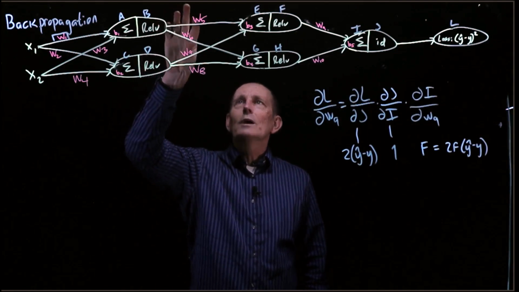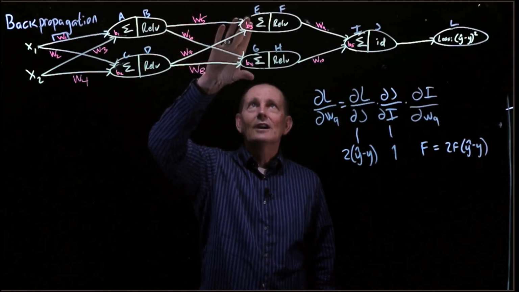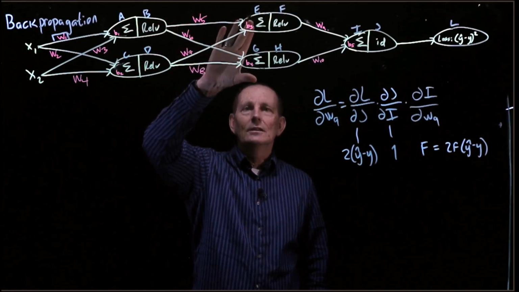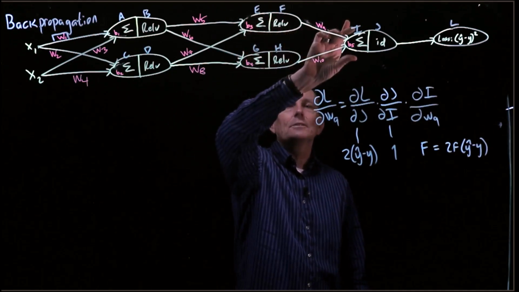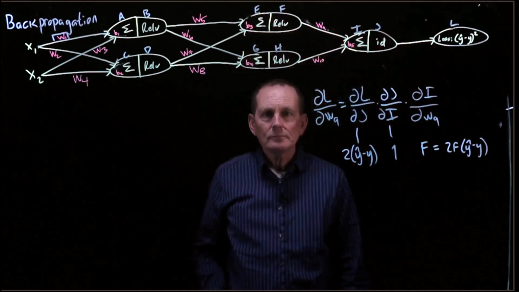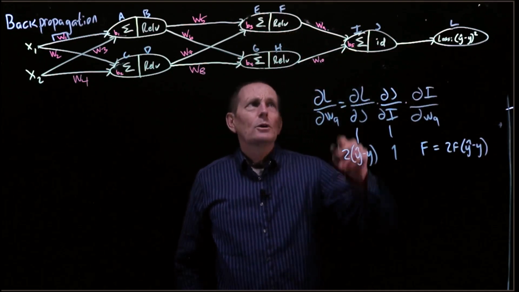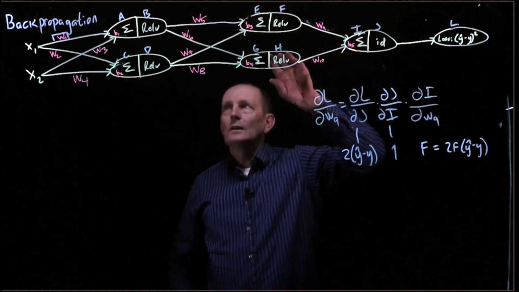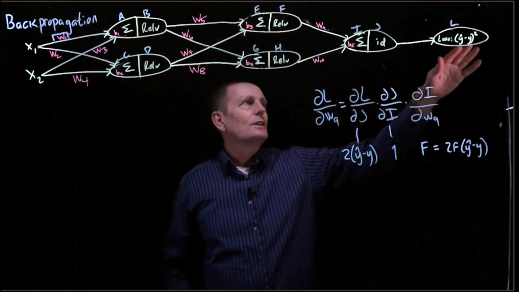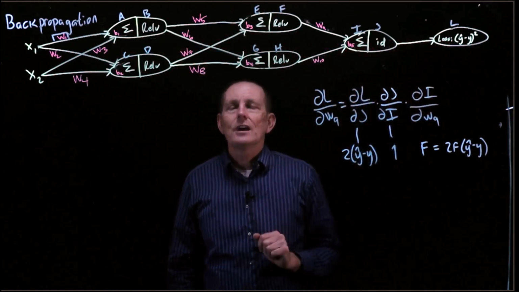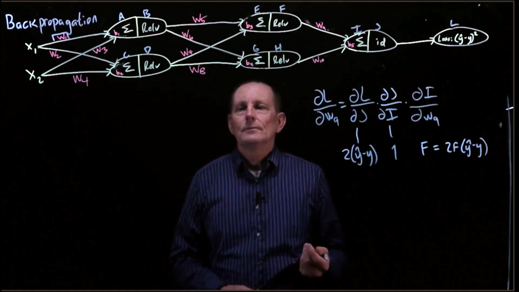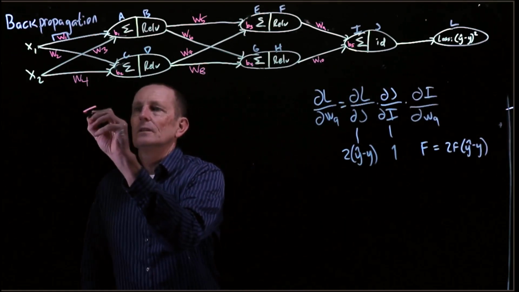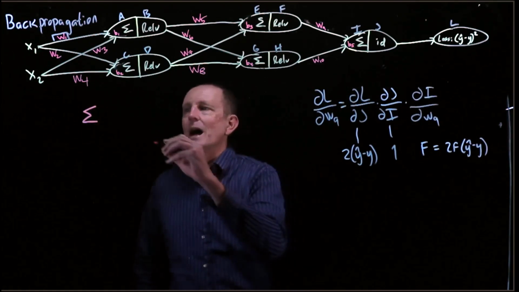And then can go ahead and, depending on what these weights are, affect either E and G. Those will affect F and H. And then we'll get a weighted sum back together in here. And this will go on. So we'll end up with this weighted sum of the changes. As we go back, it turns out we can also do a sum. What we can do is do a summation of the gradient for each path.